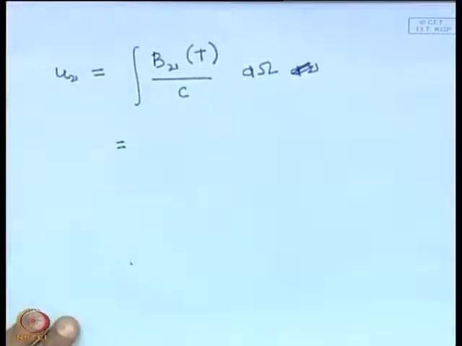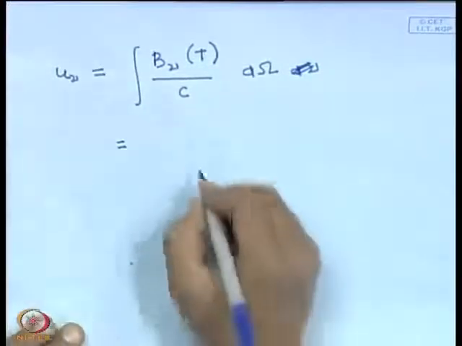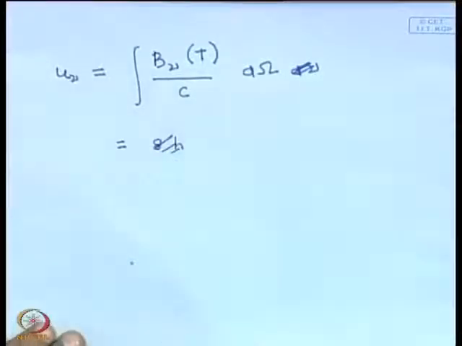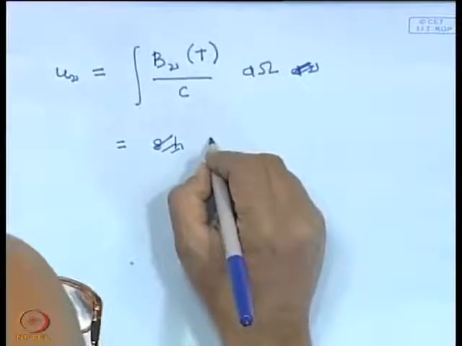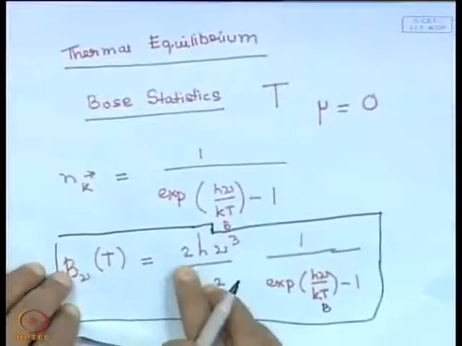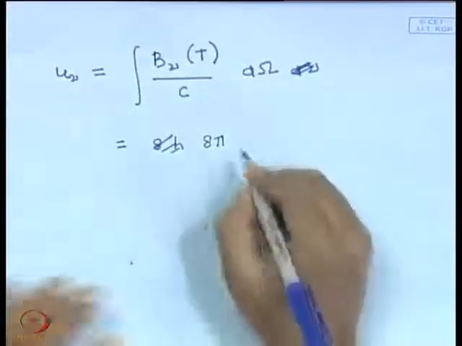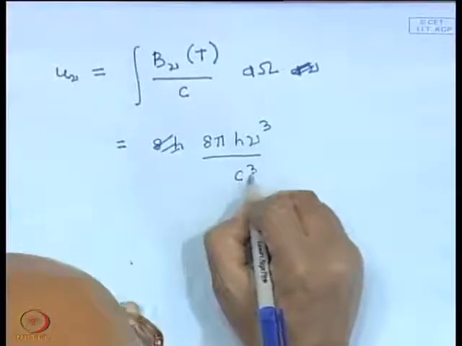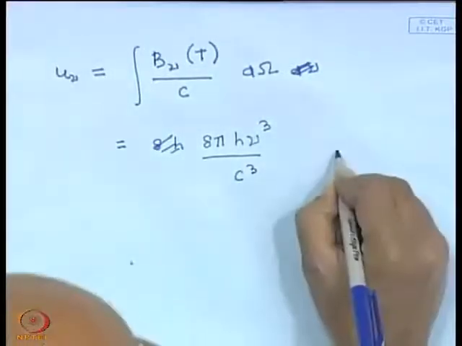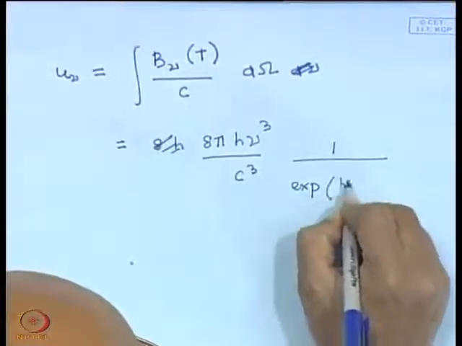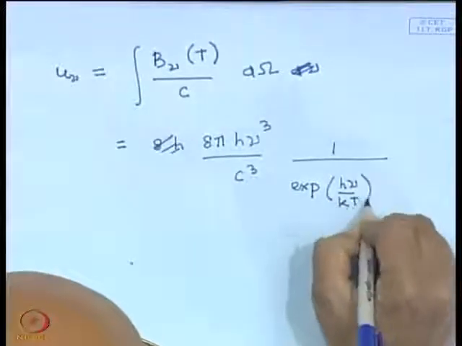So this is equal to how much? Let me write down. So this is equal to 8 pi, sorry, 4 pi, this will give us 4 pi. So I have 8 pi, I am just multiplying this with 4 pi, and here I have h nu cube by c cube into 1 by exponential h nu by kT minus 1.